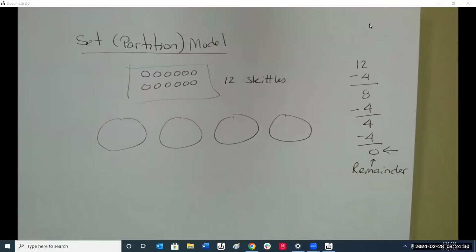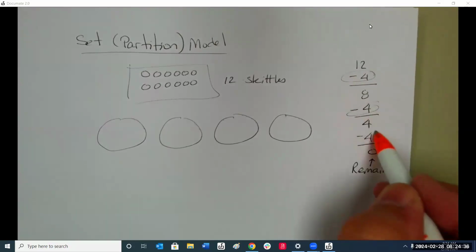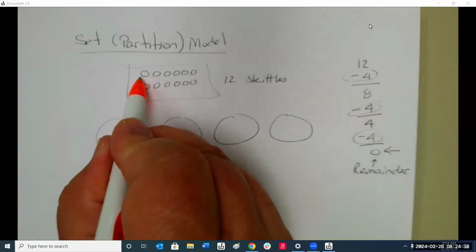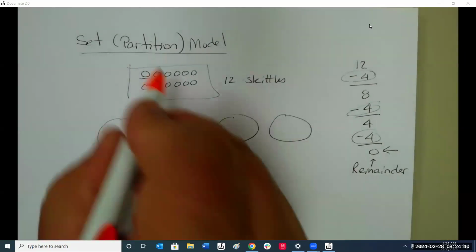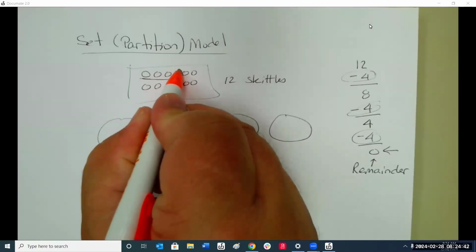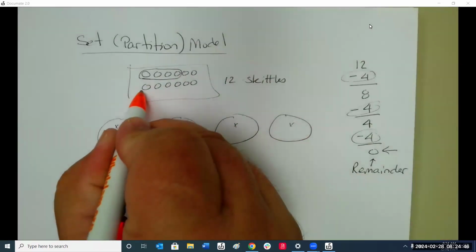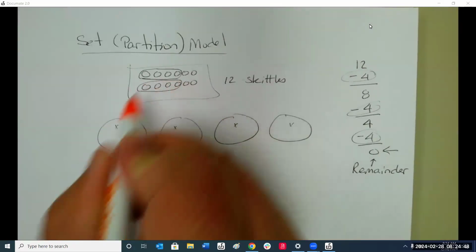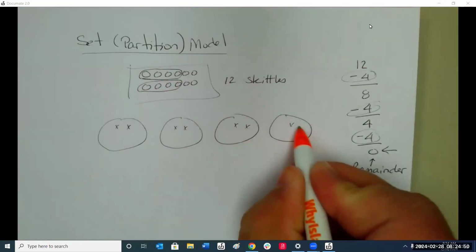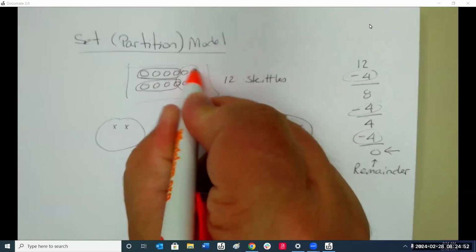So how many candies does each student get? Yeah, we have 1, 2, 3. So there are 4 people, so I take 4 candies. I put them in each student's bag. I take 4 more candies, put them in each student's bag. And then I take 4 more candies.